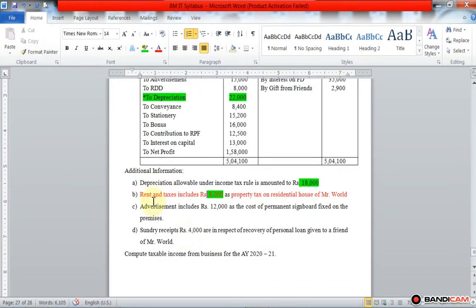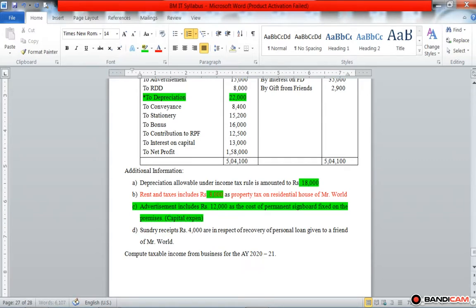Then the next adjustment, number third: advertisement includes rupees 12,000 as cost of a permanent signboard fixed on the premises. So it is an expenditure related to business, but it is an expenditure of a capital nature.